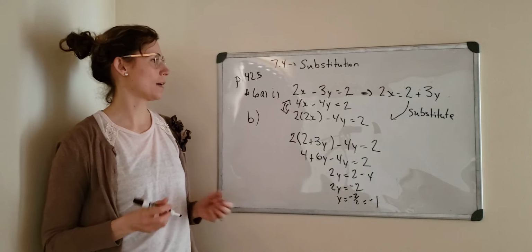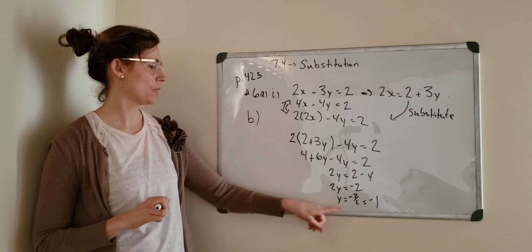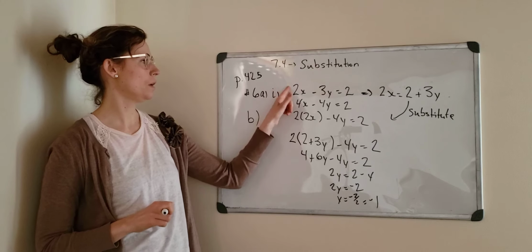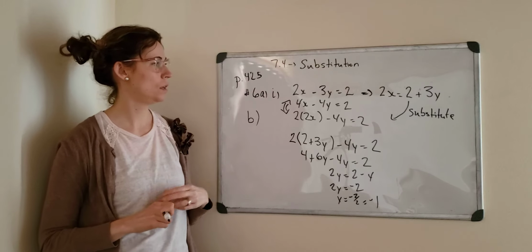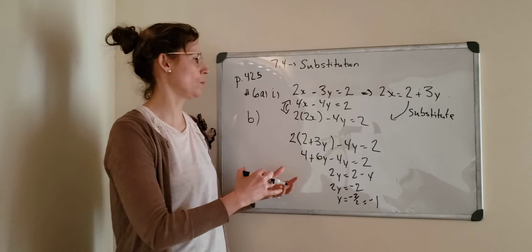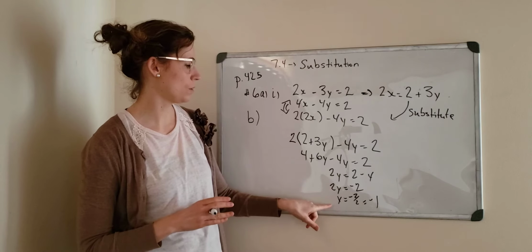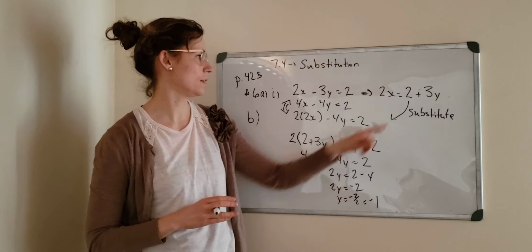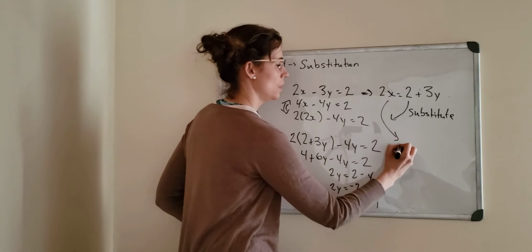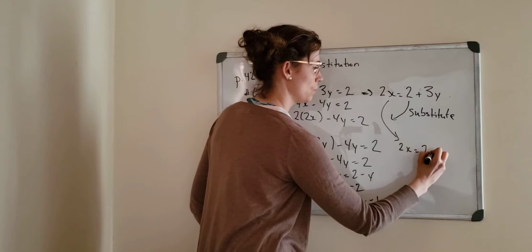How are we going to get our x? So we can take our y and substitute it into either of our original equations or one of the things we've moved around a little bit. And I think I will substitute my y into this one. So I'm going to use this. 2x equals 2 plus 3.